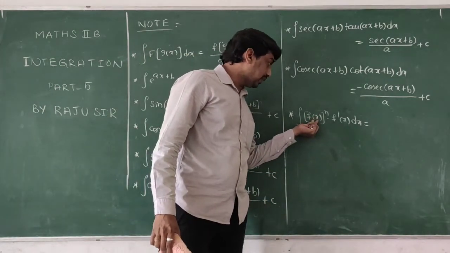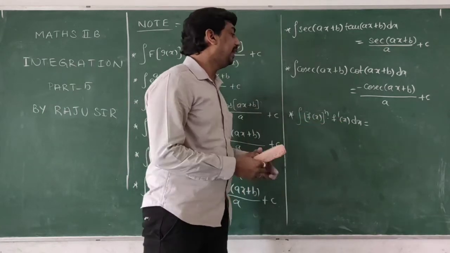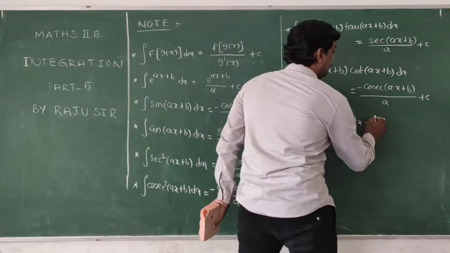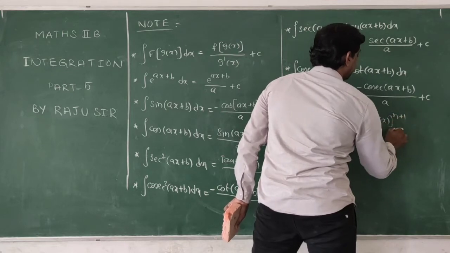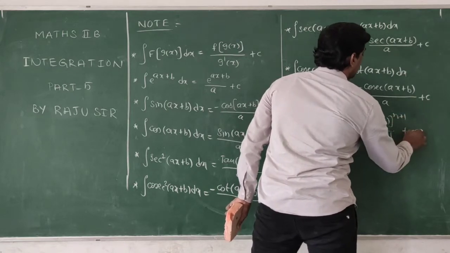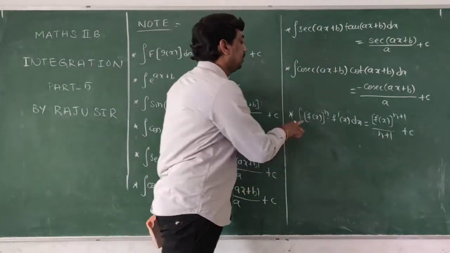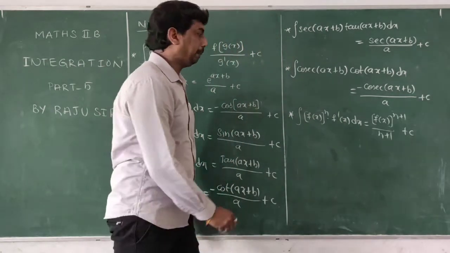If this function's derivative is the product, and the function power is n, then the formula is f of x whole power n plus 1 by n plus 1 plus c. This formula is applicable when the function derivative is the product.